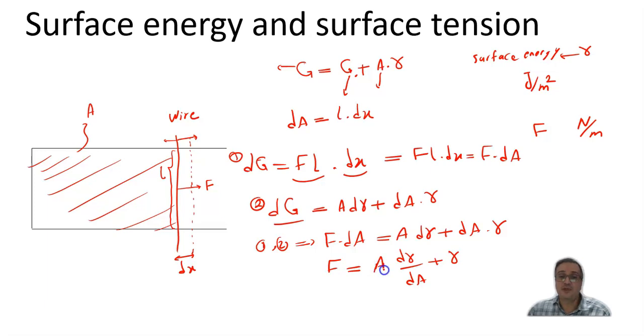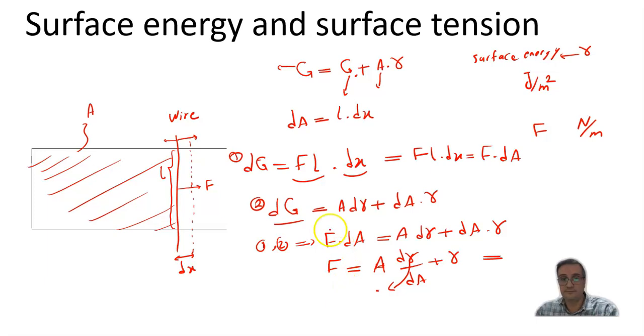One thing that we should have in mind is that the dependency of the surface energy on the area in this case is 0. In other words, the amount of the surface energy is independent of the surface that we have, and this holds true for liquid films. So this term is 0, and therefore we have F is equal to gamma.